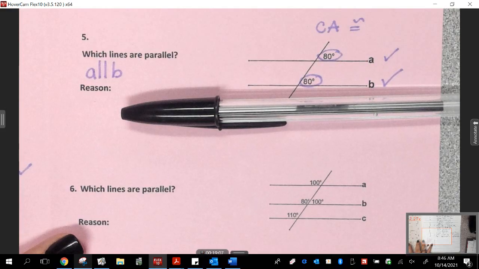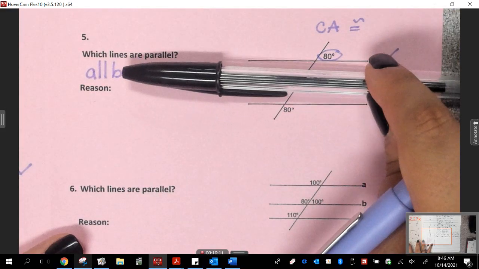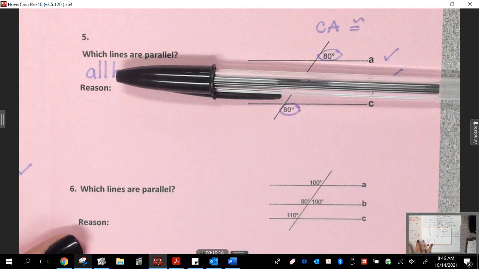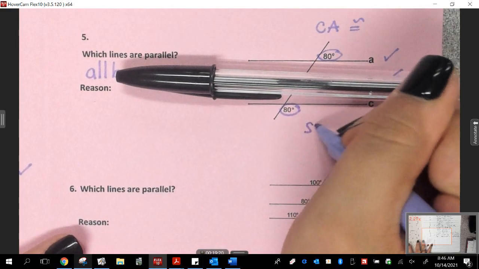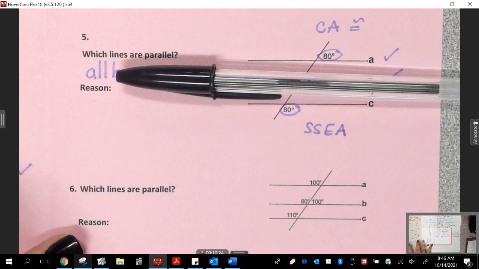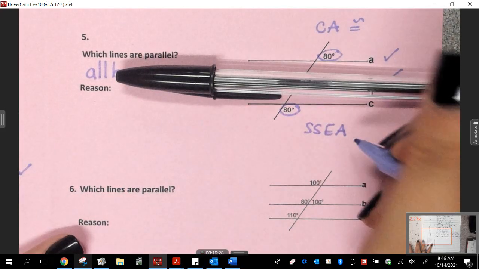Stop. Now what? Cover up B. What do I have here? Same side, outside. Are SSEA congruent or supplementary?